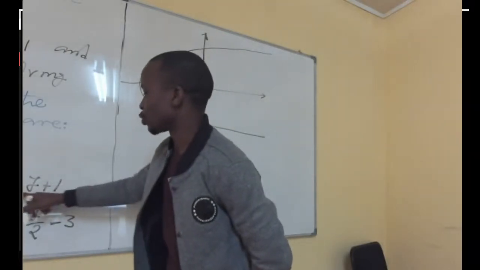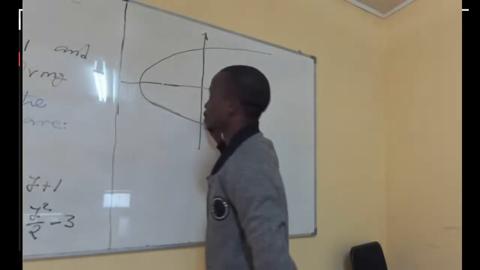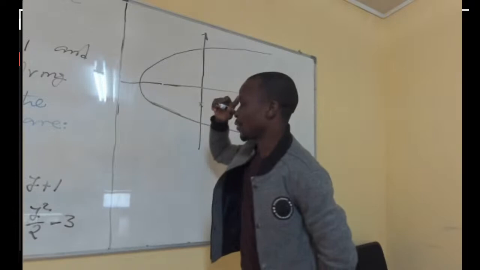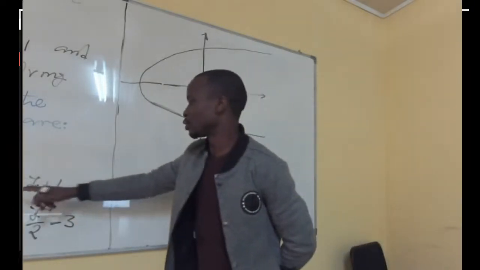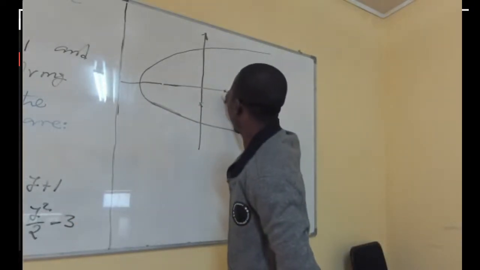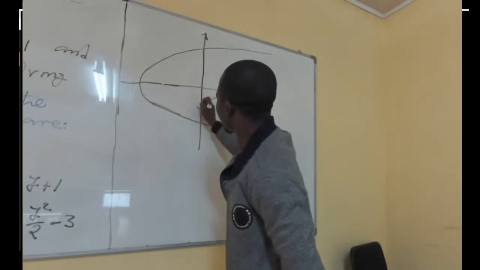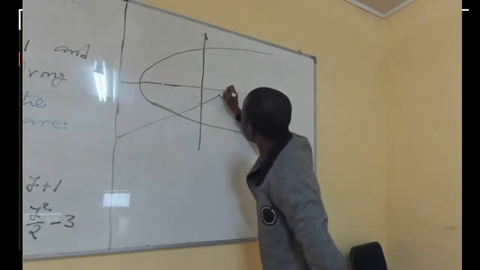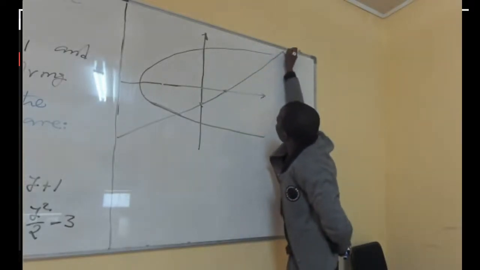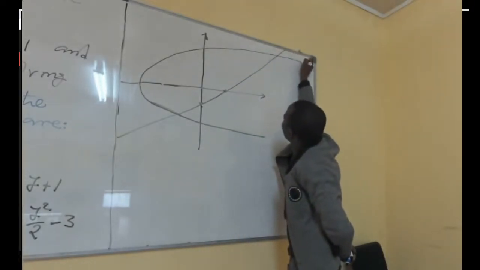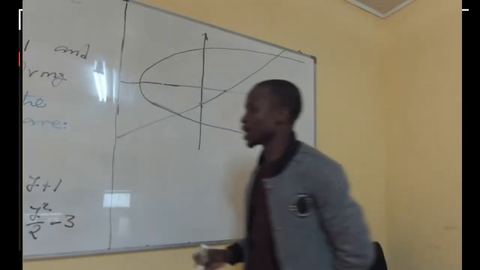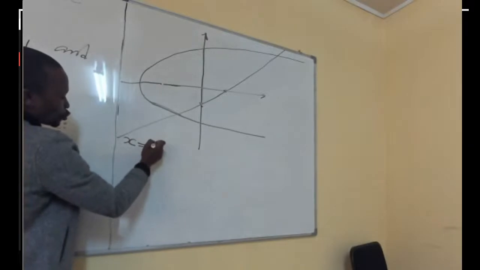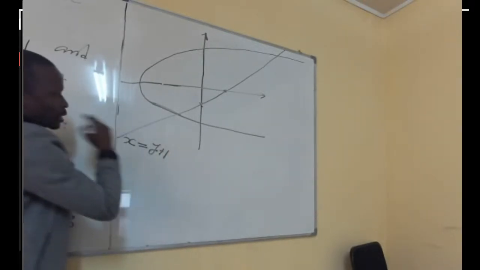So when x is equal to 0, y is equal to negative 1. So we have something there. When y is equal to 0, we have x equal to 1, we have something there. So we also have this straight line which cuts that point. This one is x equal to y plus 1.